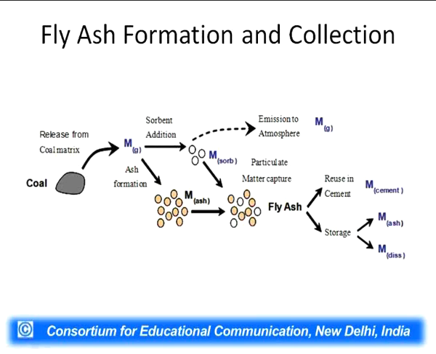Now, in this picture, a detailed picturization of fly ash formation is given. There is bulk coal at the left hand side. This is pulverized, and the coal matrix is formed.